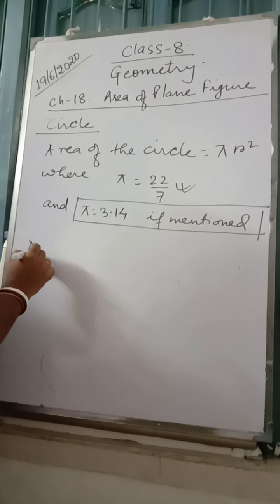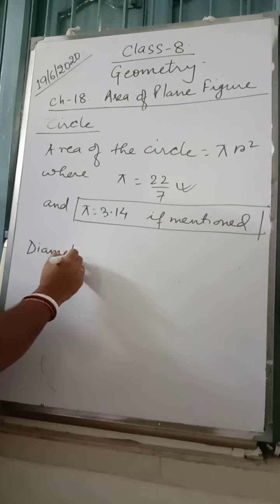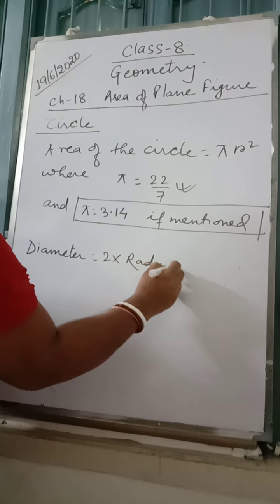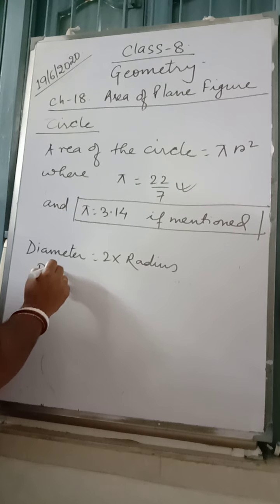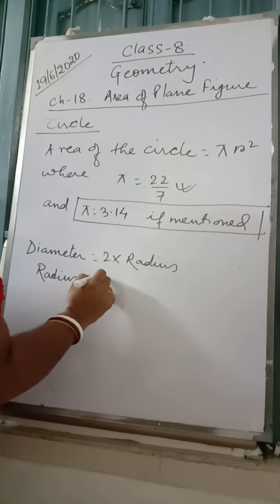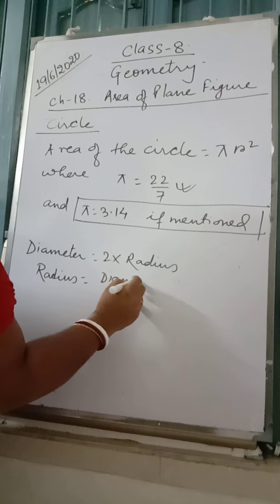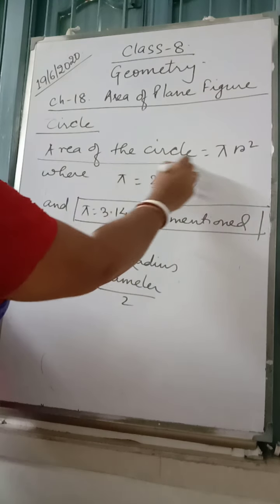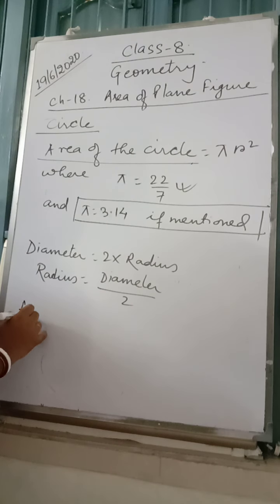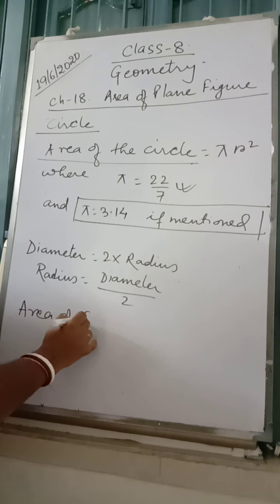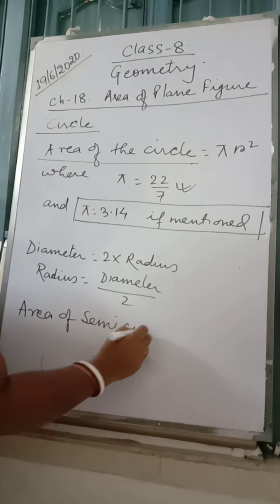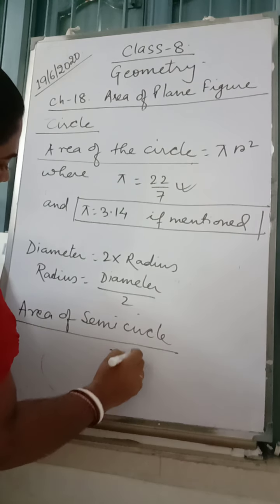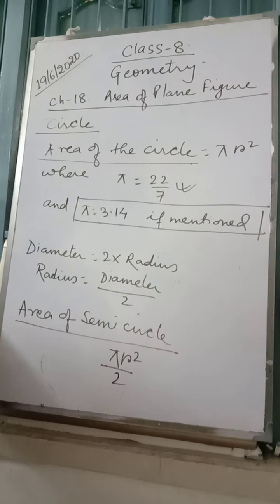Now diameter is equal to 2 into radius and radius is equal to diameter by 2. This is for the circle. For the area of a semicircle, that is pi r square by 2.